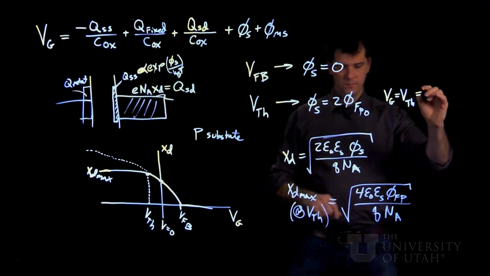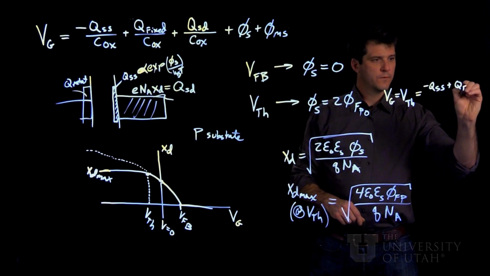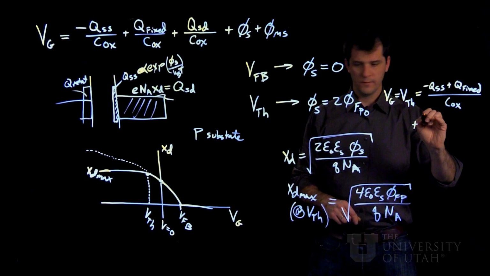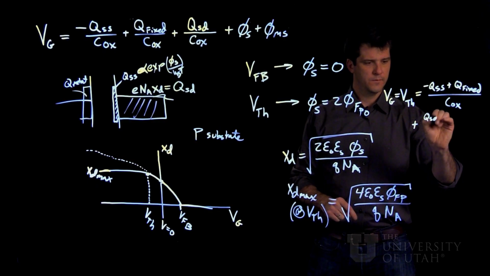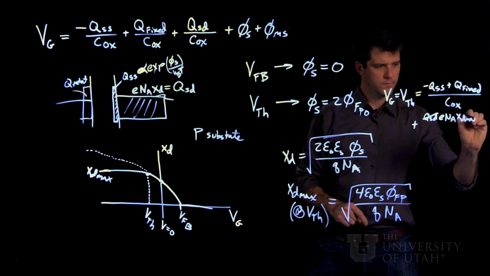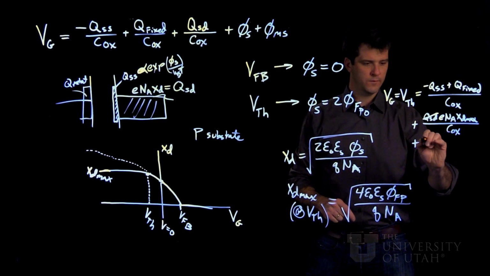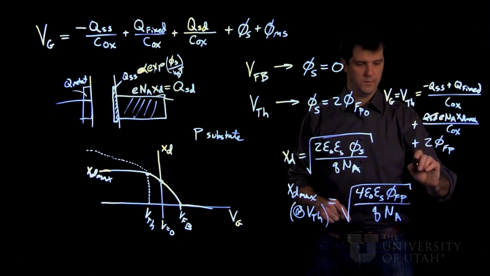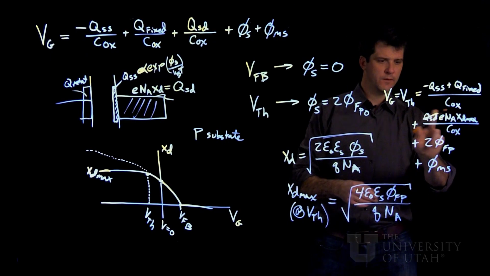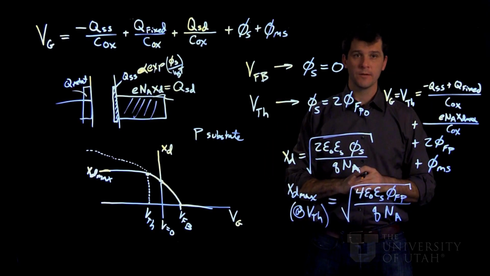And we will have negative Q_ss plus Q_fixed all over C_ox, and then plus this Q_sd max, which I can quickly substitute in as q N_A XD max, again all over C_ox, and then plus phi s equals 2 phi fp, and then plus phi MS. So this is how we can solve for the threshold voltage at which we go into the inversion regime of behavior.